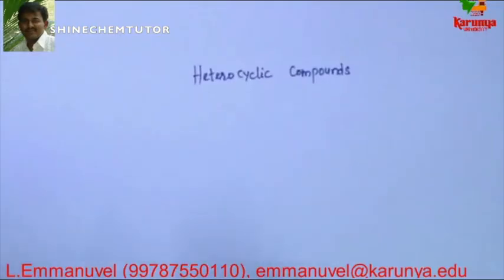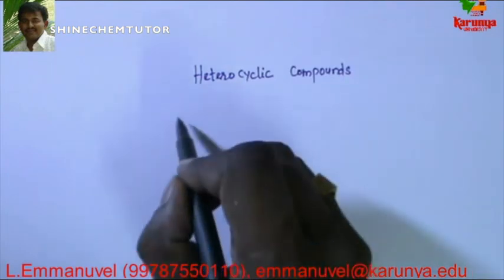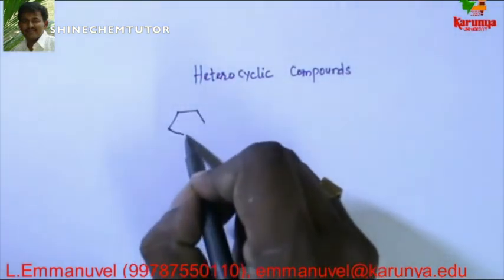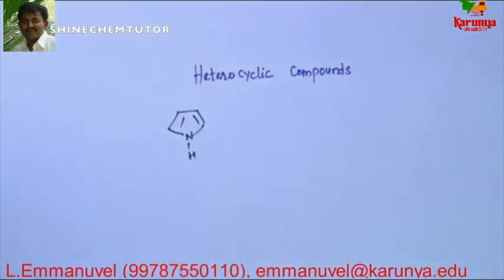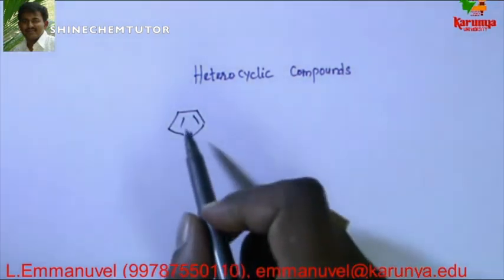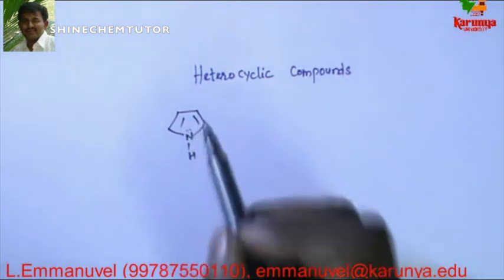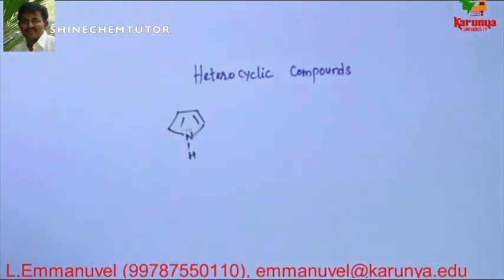What about the aromaticity of heterocyclic compounds? Most of the heterocyclic compounds that we generally come across are aromatic in nature. For example, let us start with pyrrole. The number of electrons involved in the delocalization is 6.